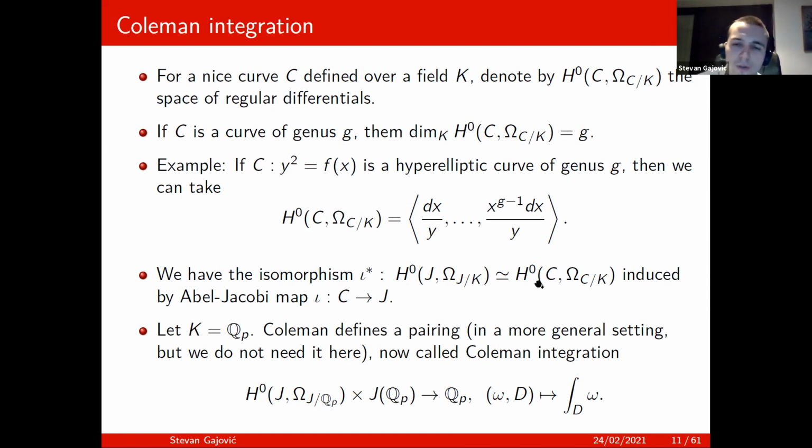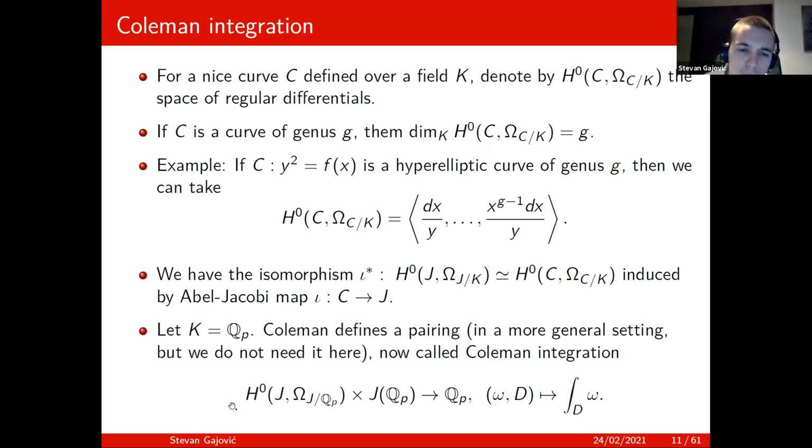Later we will identify these two spaces to avoid unnecessary notation. And the good thing is that finally we are approaching the definition of a p-adic integral that has many nice properties, even nicer than a usual complex integral on surfaces, as we will see soon.